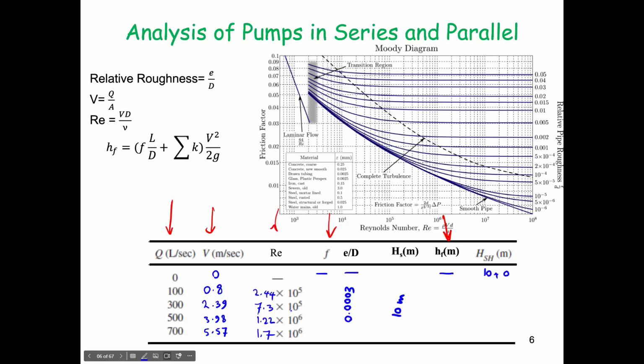Do you have your F or not yet? 0.0515. Tracy should double check that. For 300, any available F that you can give to me? 0.016.